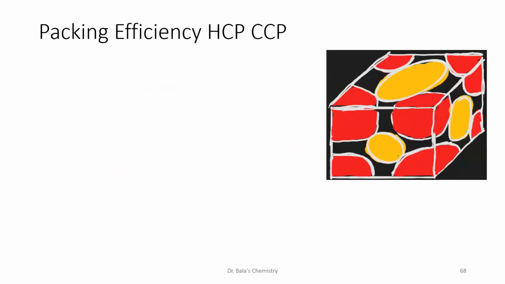So packing efficiency in HCP structure, how can we calculate it? We know that if you want to calculate the packing efficiency of any structure, we must know two things. One is the A value. What is the A value? The A value is nothing but the edge length. What do you mean by edge length?